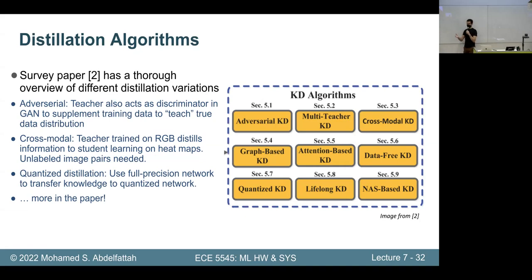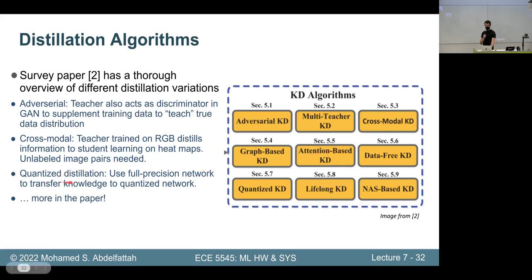And your hope is that even if you put garbage here, the output of the teacher will be meaningful in some way, and you want the student to copy the output of that teacher. So that's data-free knowledge distillation. People have used it successfully, but again, it's one of those niche applications of distillation, I would say.